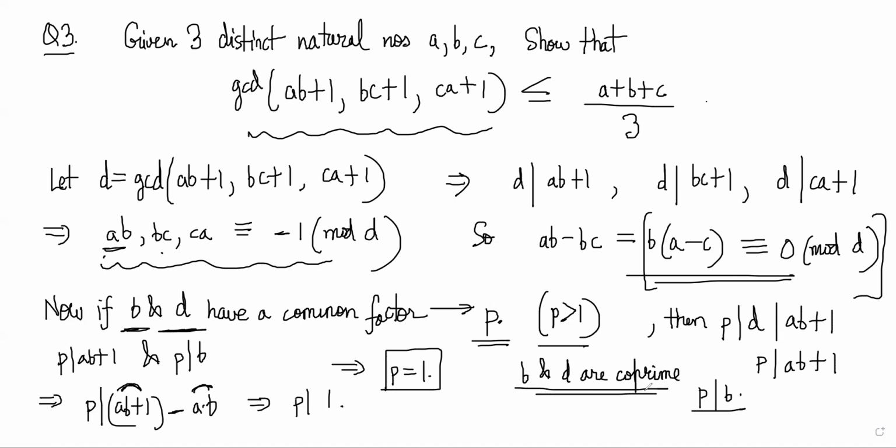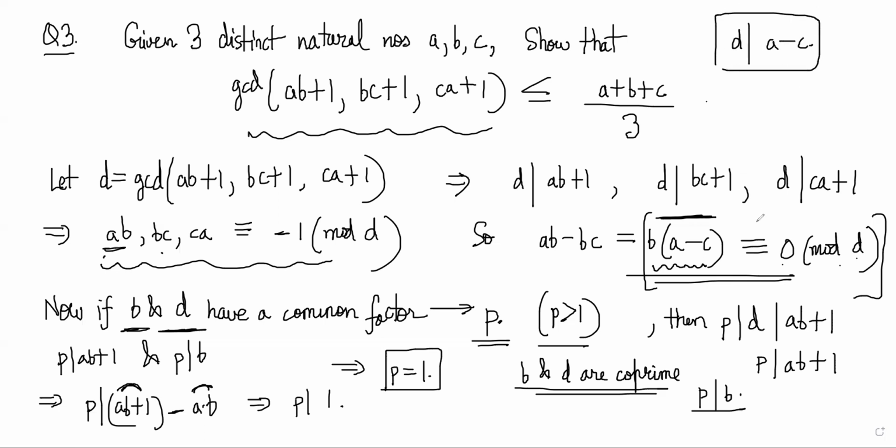This is very important. So if B and D are co-prime, if you think about it, here we know that D divides B times (A minus C), right? B times (A minus C) is congruent to 0 mod D. So therefore, D divides B times (A minus C). And now D and B are co-prime. So we get D divides A minus C, right?